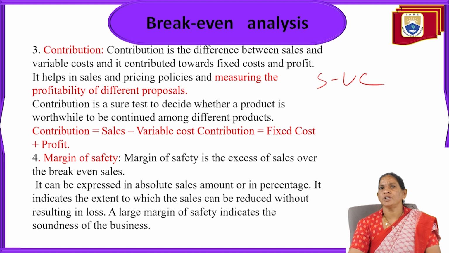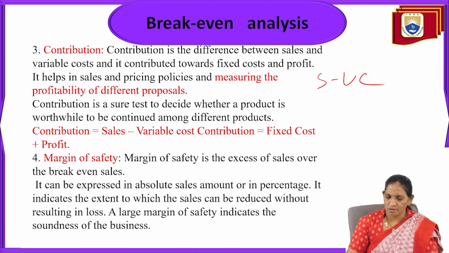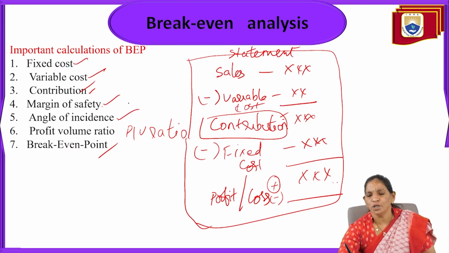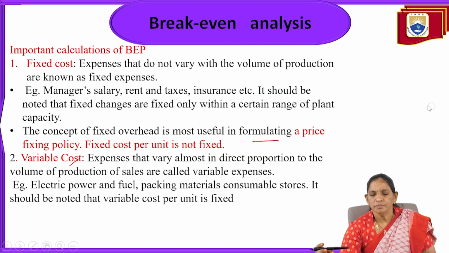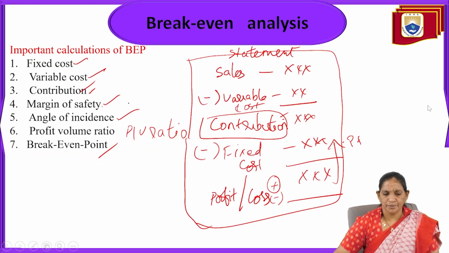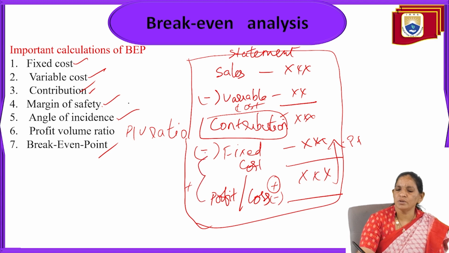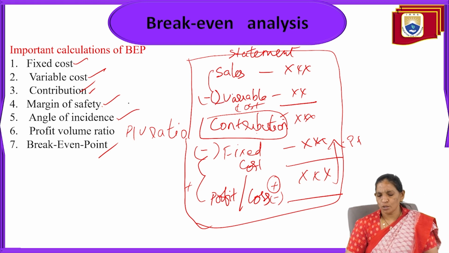Means when I add this profit plus fixed cost, I can achieve the contribution, or if I have sales minus variable cost, I can get the contribution.